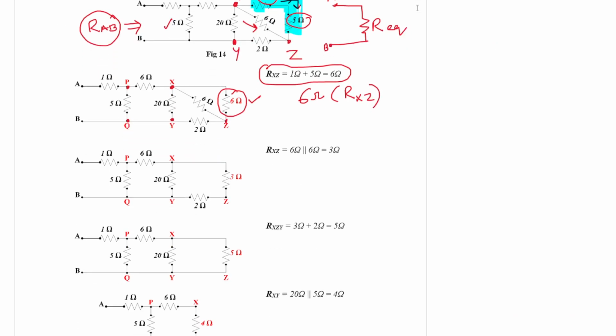Now let us proceed. Again, if you consider this 6 ohm and this 6 ohm, you can understand that they are two different paths with respect to X and Z. So we have two different paths, both having a 6 ohm resistor.